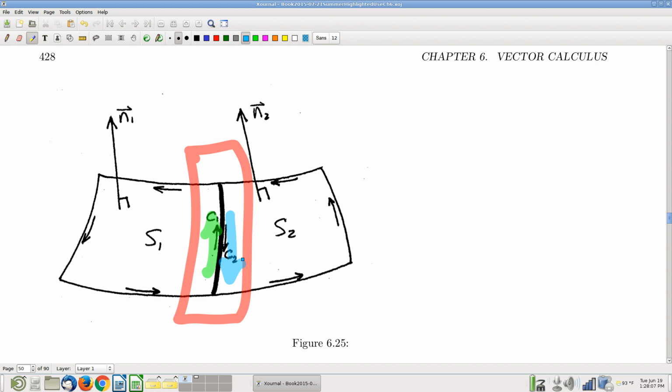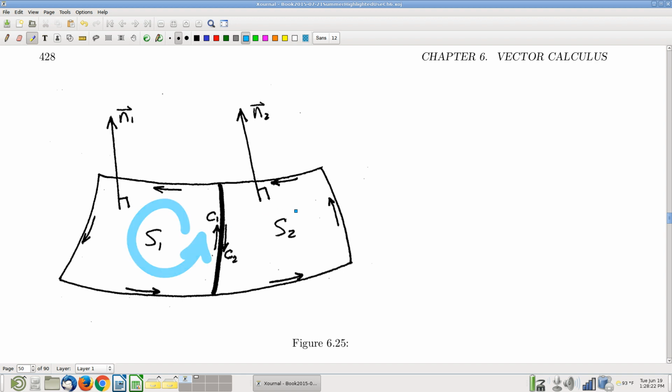And they cancel because they're oriented in opposite directions. And again, this is not a coincidence. This is unavoidably a consequence of how we defined boundary orientations. The fact that I defined orientations to be counterclockwise, or thumb, right-hand rule, however you want to say it, that's what makes this work.